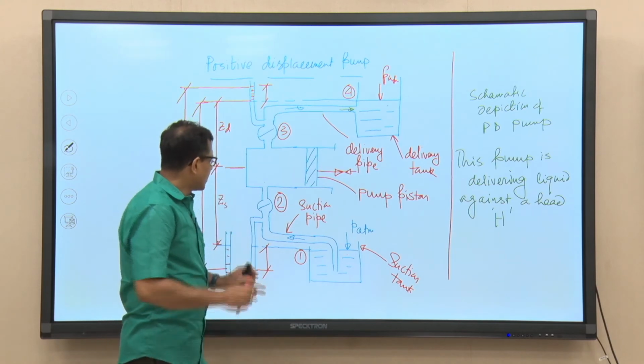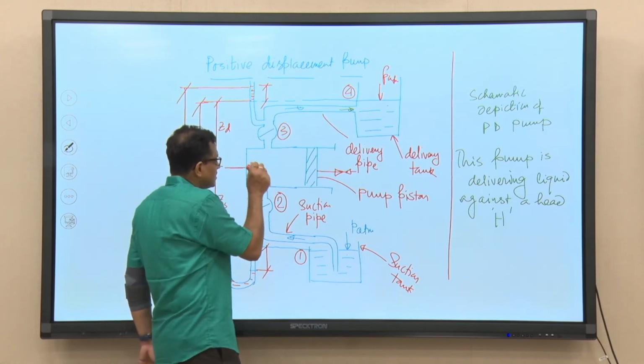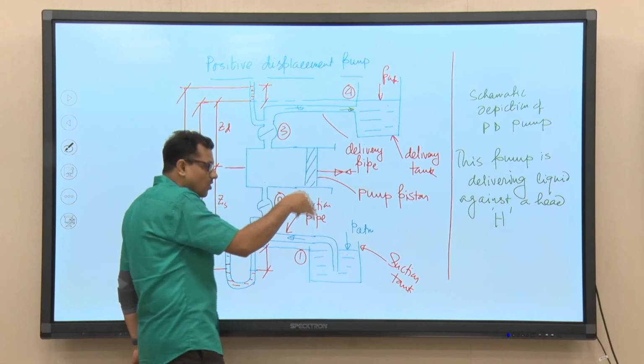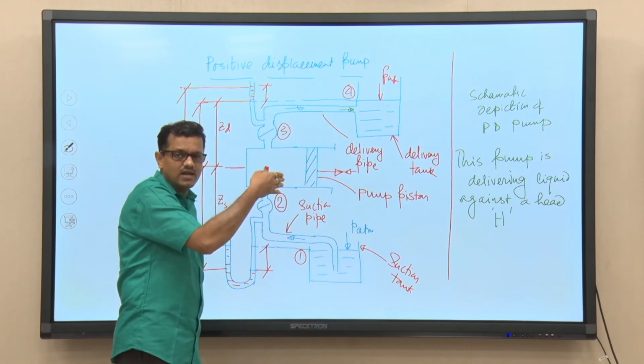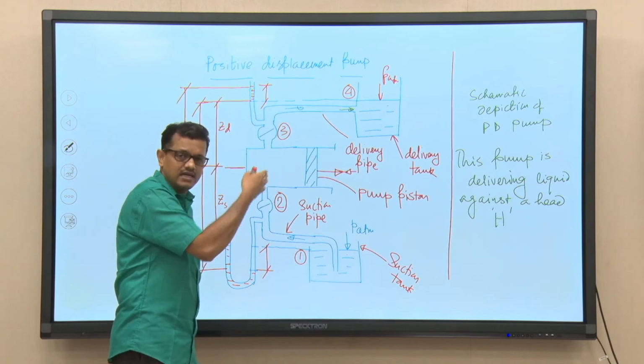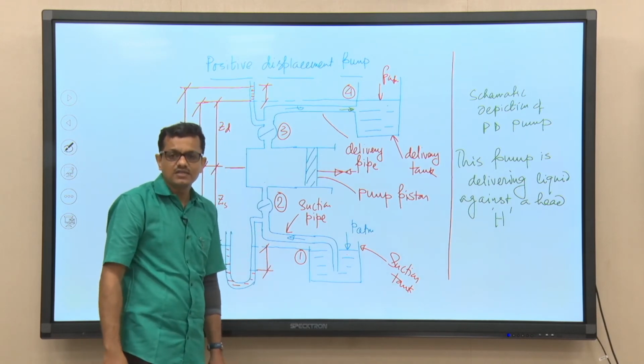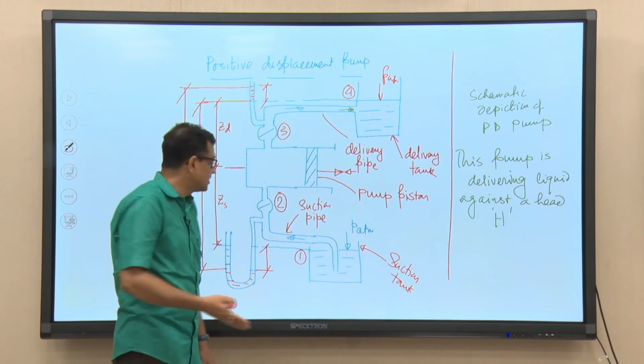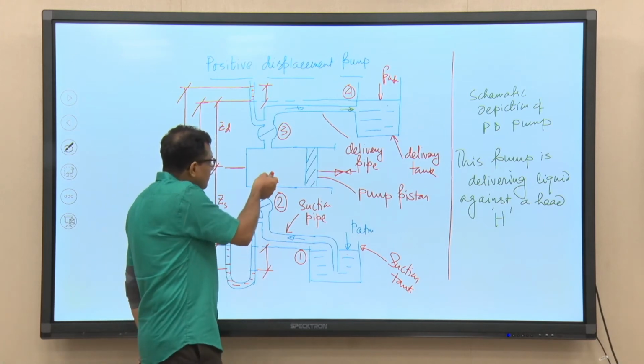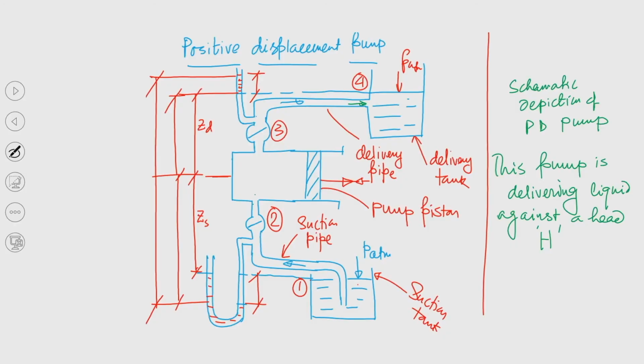So, try to understand: if we just do the gross energy balance, that is the total energy balance of the system, then we get the expression of head that will be developed by the pump, that is true. But what is missing, and most important, is that as the pressure inside the cylinder falls, it is highly possible that pressure very close to point 2 will also fall.